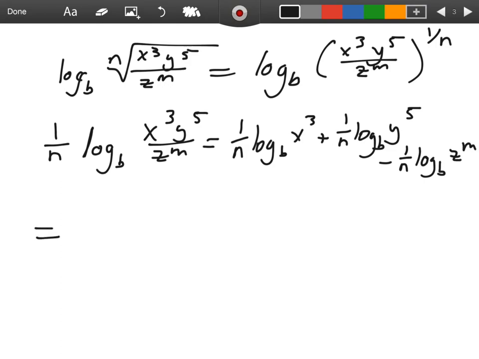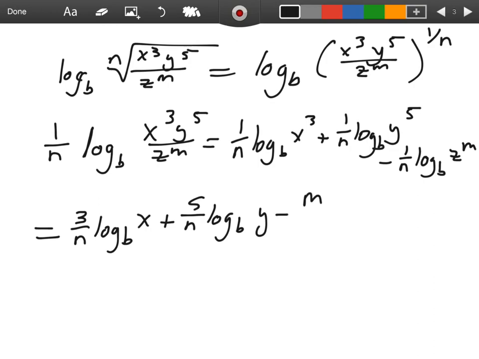And then I can bring all those exponents out front. So we have 3 over n log base b of x plus 5 over n log base b of y, and then minus m over n log base b of z.